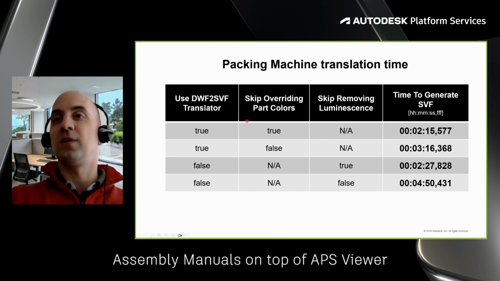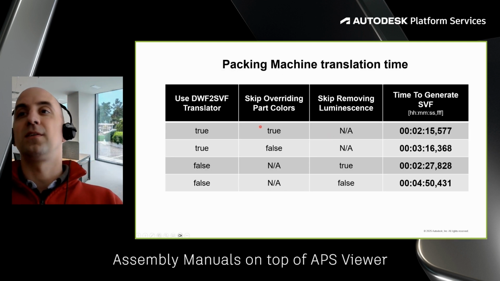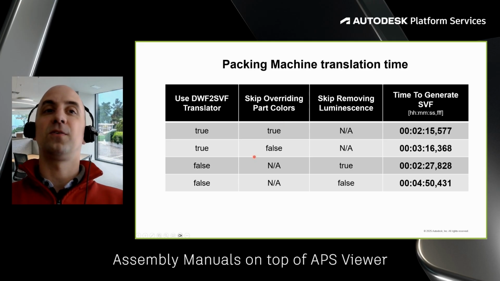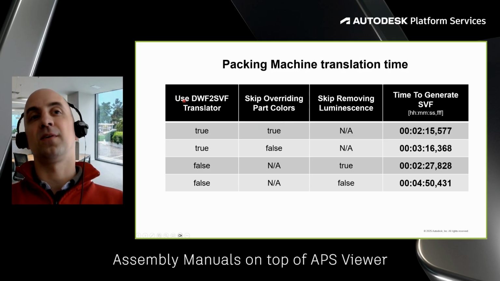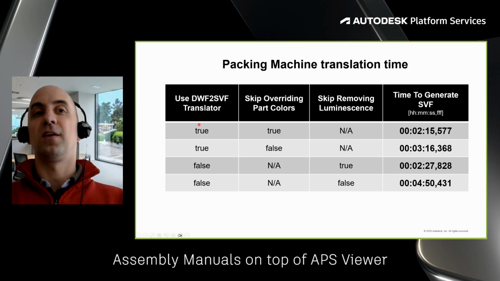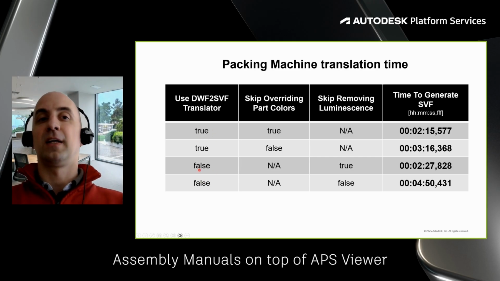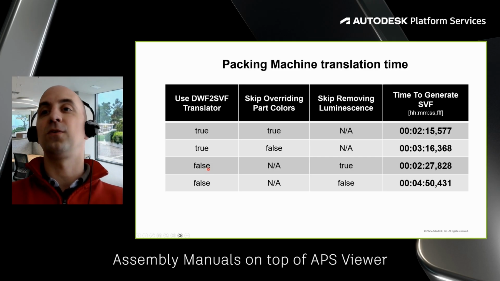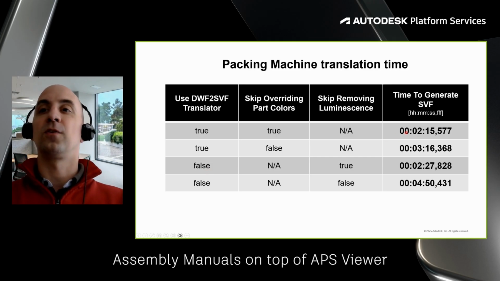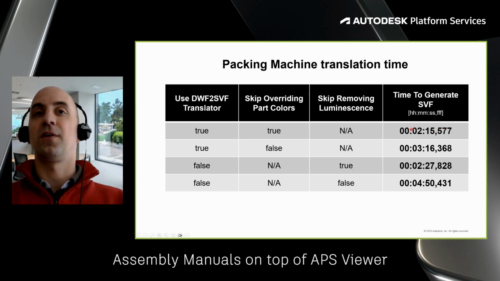For the packet machine, the time to generate the SVF file, as you can see here, again, the left column means if it's true, the Vault translator is used. If it's false, then the Inventor translator is used. And the lowest time here goes for the Vault translator without overriding the part colors.